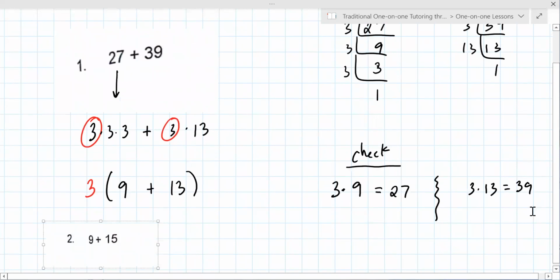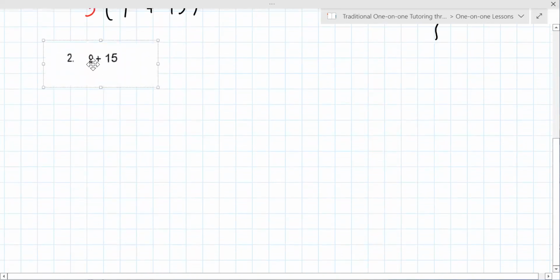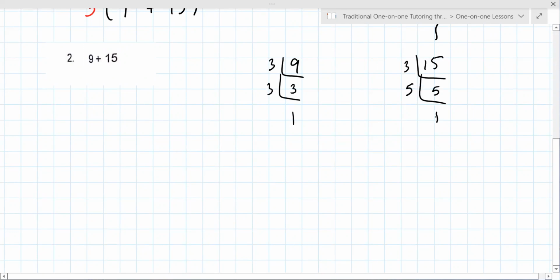All right. Okay, so the same thing for number 2. We build those factor ladders off to the right here. 3, 1, 15 is 3, 5, 5, 1. So it's 3 times 3 plus 3 times 5.